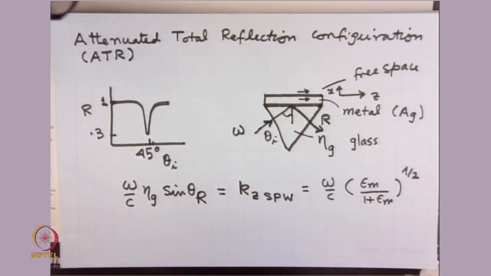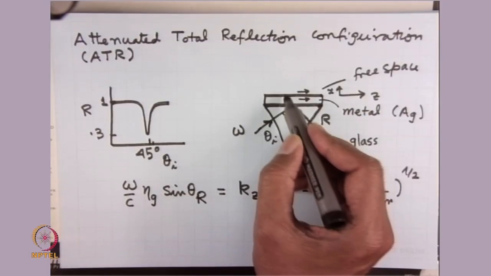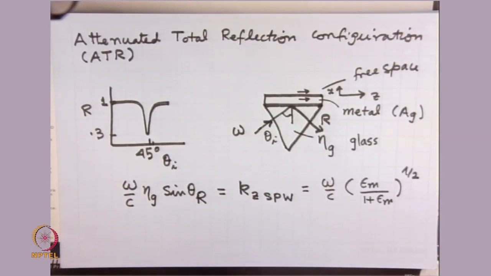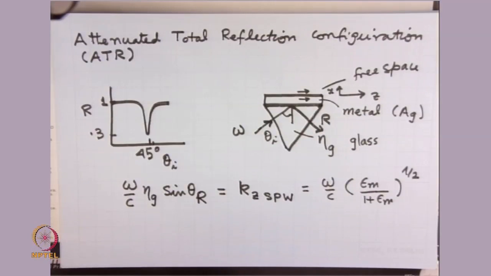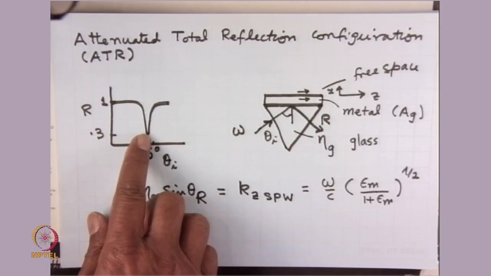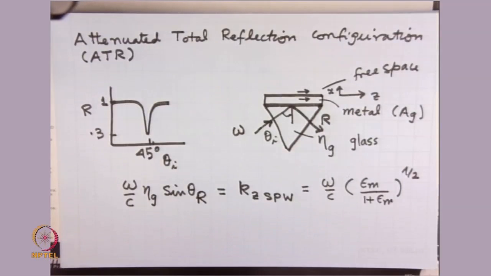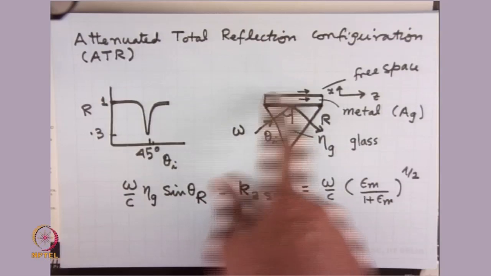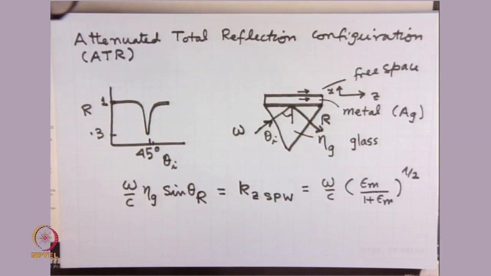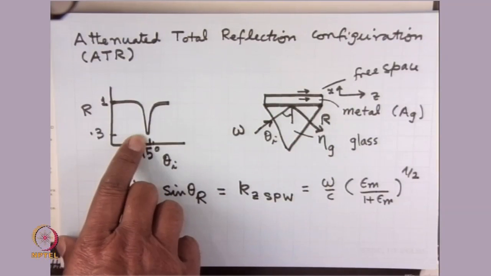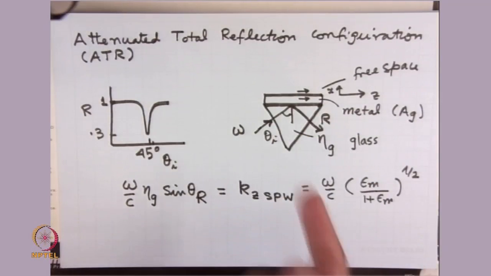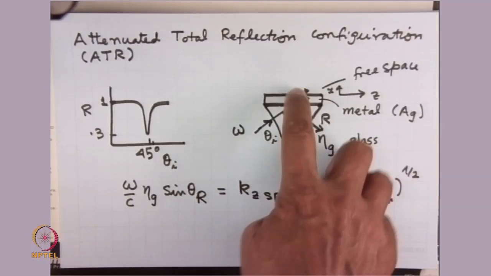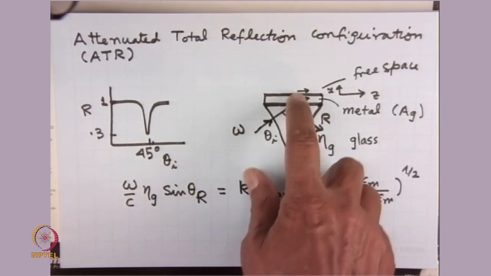Now, if you put a little bit of material on the top surface, like a DNA molecule or a small layer of some dielectric material, then people found there is a significant shift in the resonant frequency, and that depends on the permittivity of the material that you put over here. So, just by observing the shift in frequency, one can deduce the permittivity of the material used, and the permittivity is a characteristic of a material, and hence you can characterize what material was there, whether it is a DNA molecule or whatever.